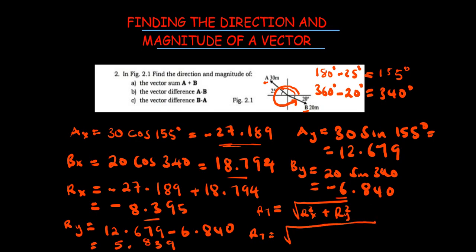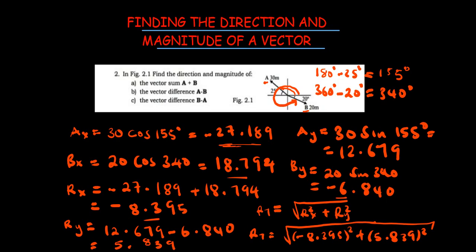So what are my values? Okay, so Rx squared, I square the negative 8.395, squared, plus, for my y, what is for my y? My y is 5.839, then I square that there.